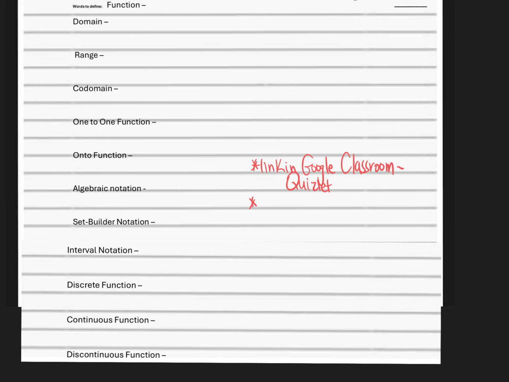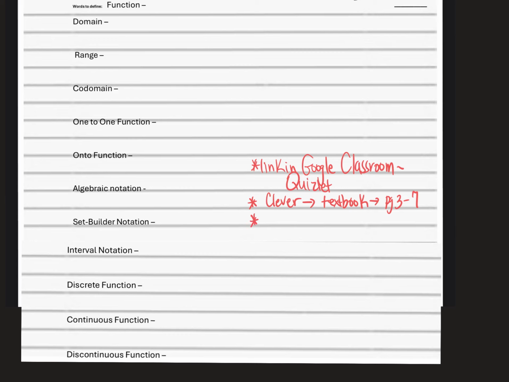Number two, if you would prefer not to use that link in Google Classroom, then you may go to Clever and find our textbook, and the definitions are on pages 3 through 7 for all of these listed here.